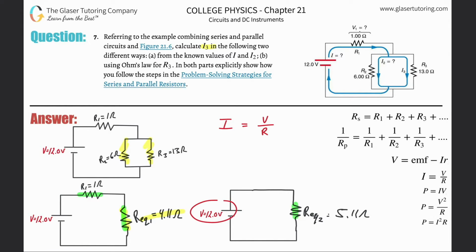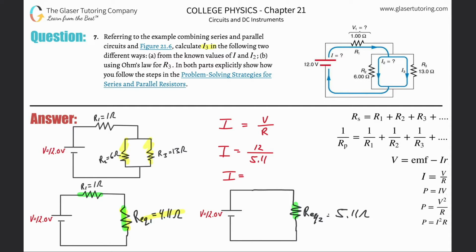If I have 1 voltage, 1 resistance, finding the current flowing through this very, very simple circuit is very easy. So this is simply going to be 12 volts divided by 5.11. And when we do that, we have to make sure we're using the exact value in the calculator, okay? So it's really 5.10526, blah, blah, blah. So it's going to be 12 divided by that value.